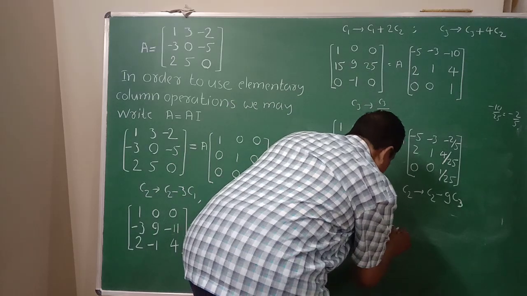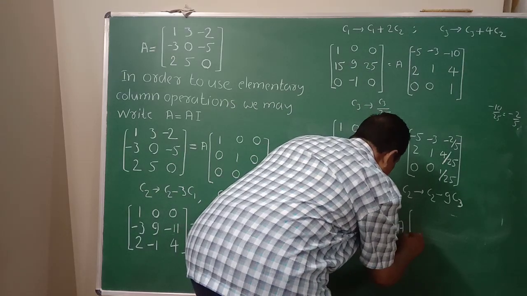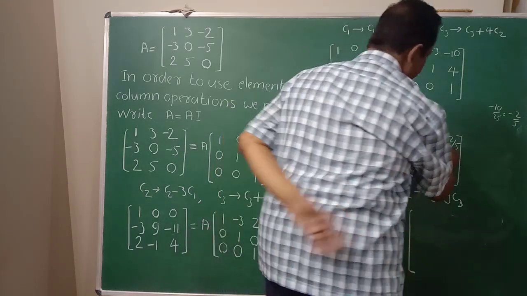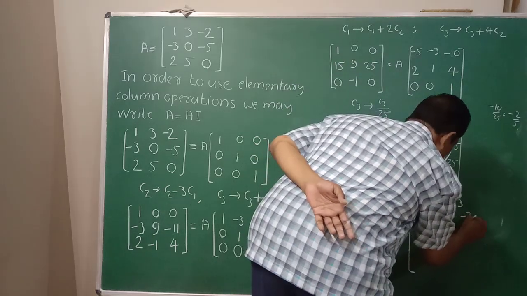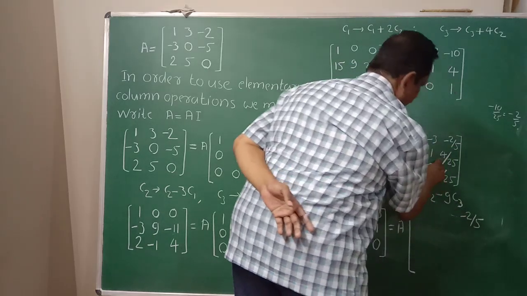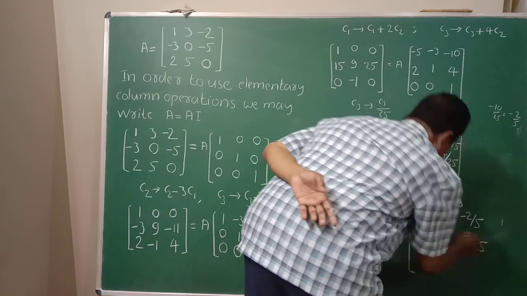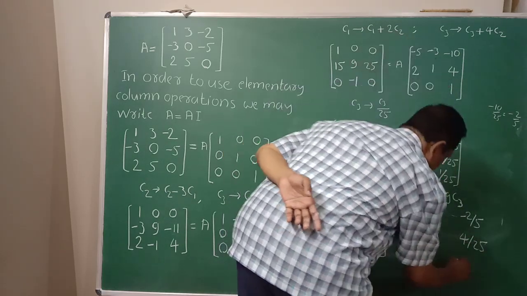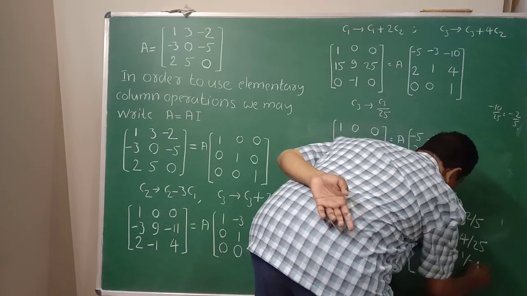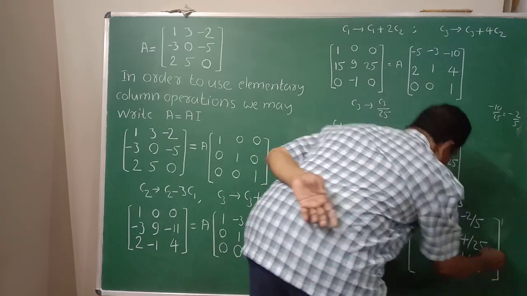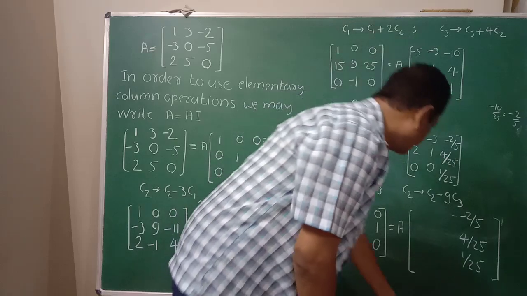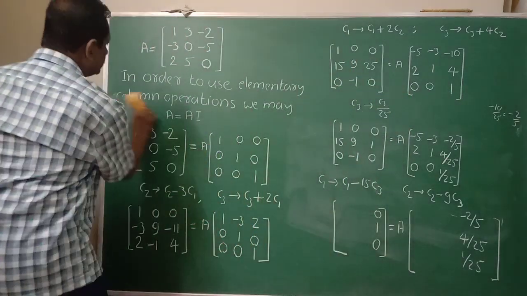And in the right hand side, A into the third column inverse: minus 2 upon 5, 4 upon 25, and 1 upon 25. Third column elements are kept as they are here.